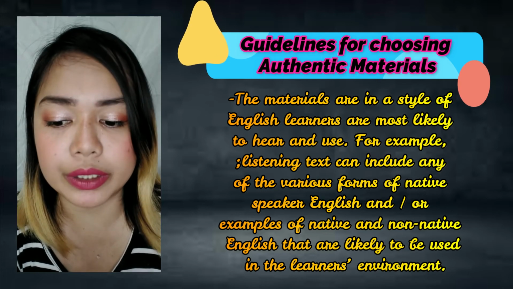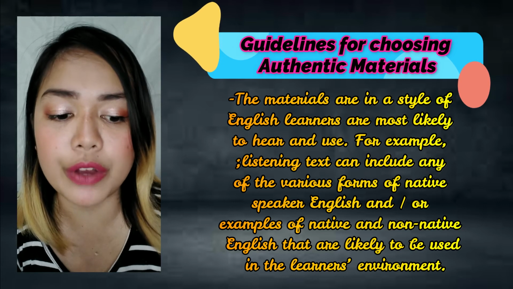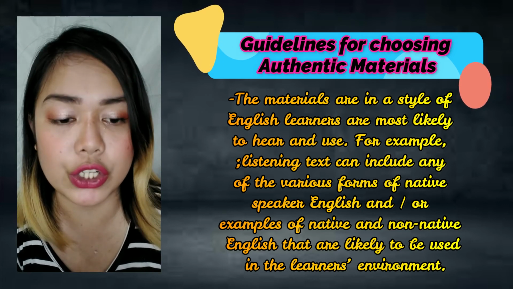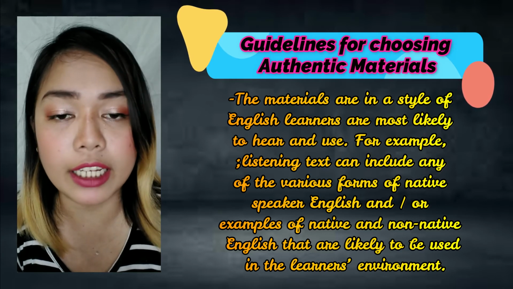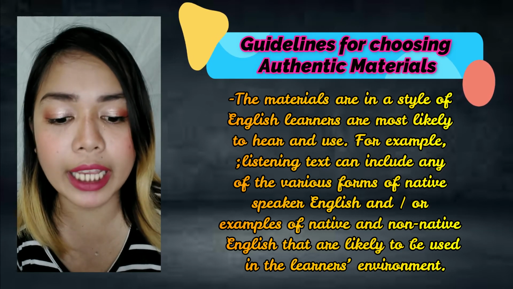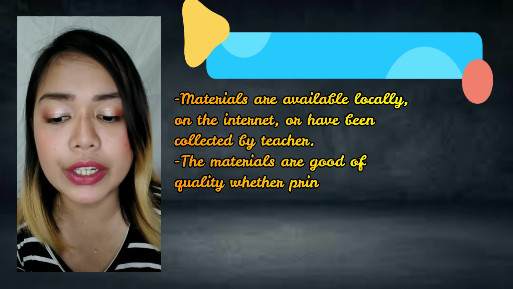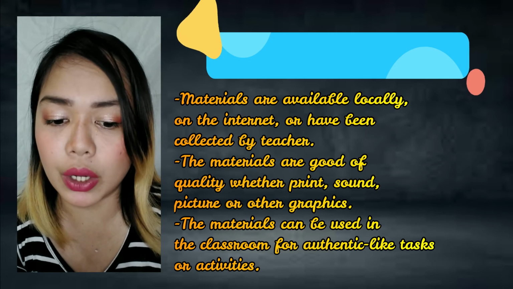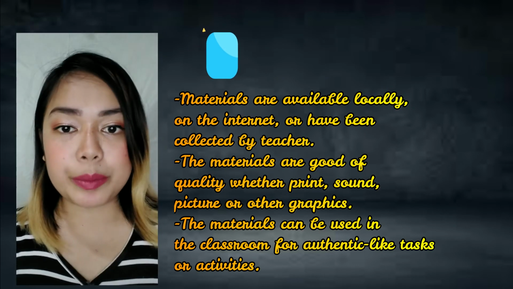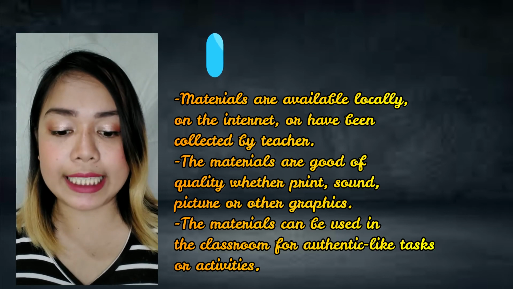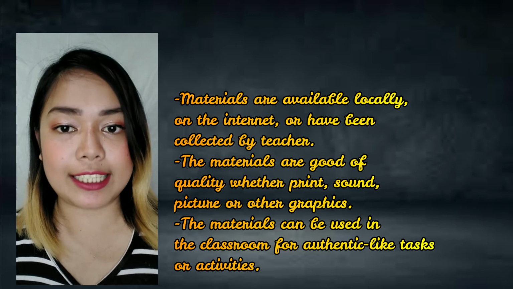For example, listening text can include any of the various forms of native speakers' English and examples of native and non-native English that are likely to be used in learners' environment. Materials are available locally, on the internet, or have been collected by the teacher. The materials can be used in the classroom for authentic-like tasks or activities.